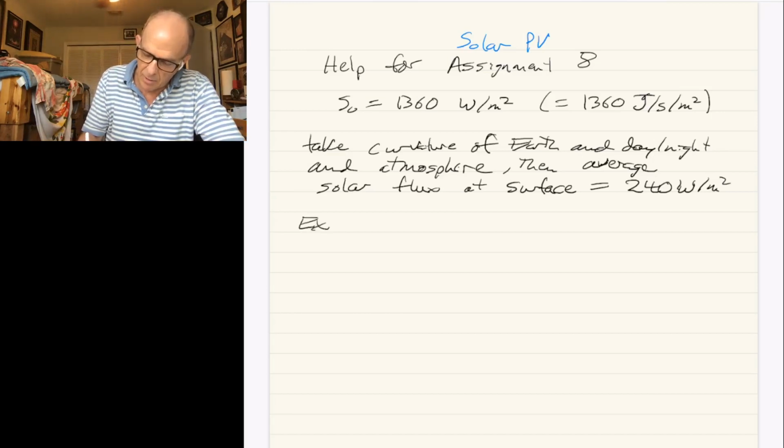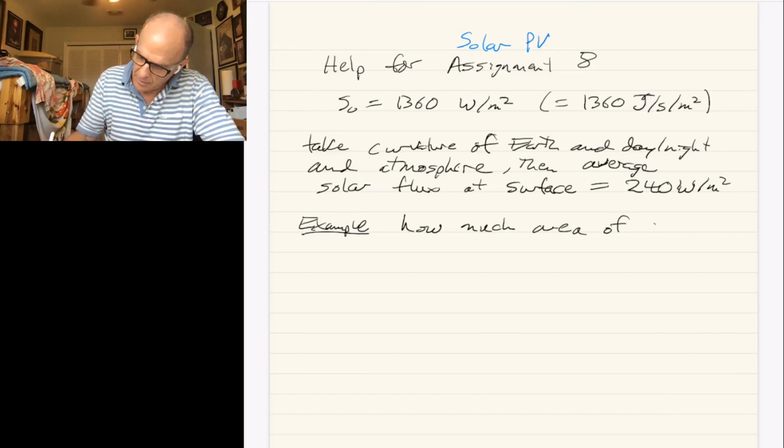So our example problem: let's say how much area of solar panels is needed to supply electricity for Josh's house.